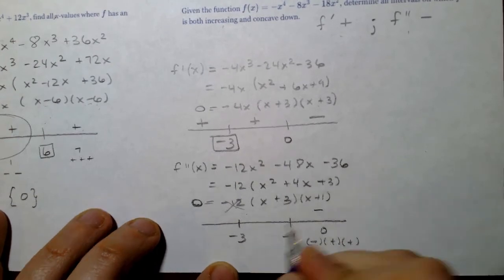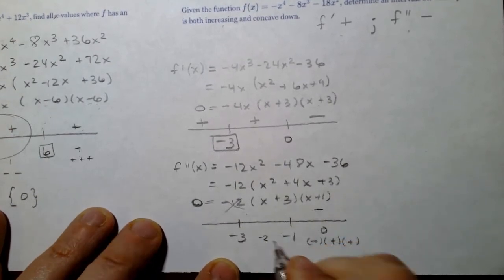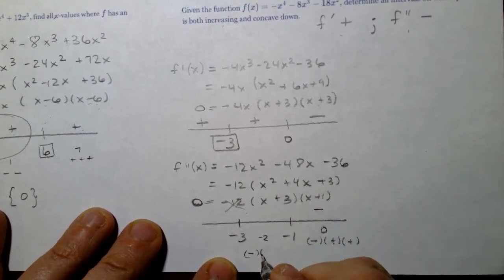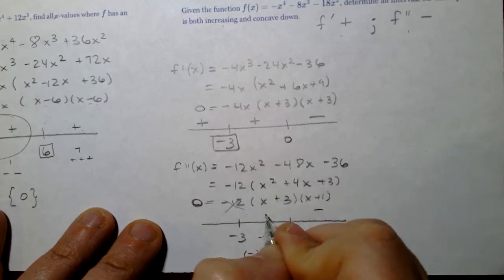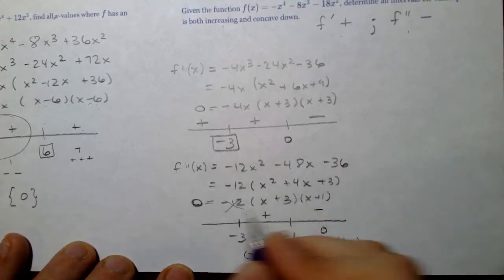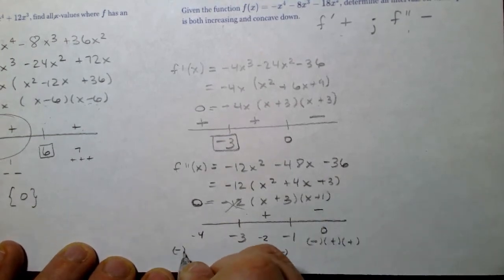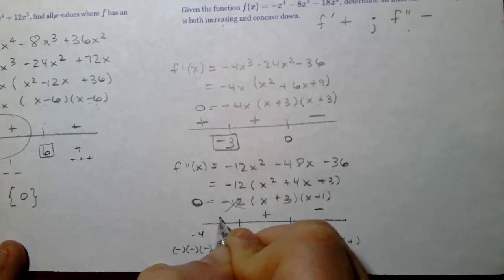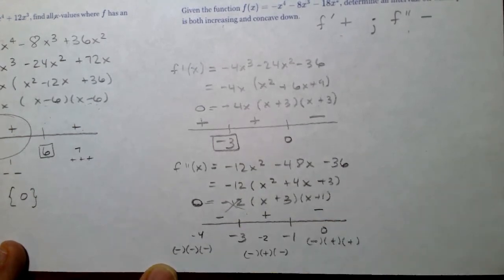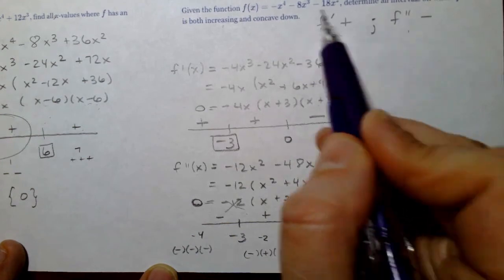Negative, positive, positive. Then I can check in the middle here with negative 2: negative 12, positive, negative. And then I can check negative 4: negative 12, negative, negative, yields a negative. Now, this is the interesting part.